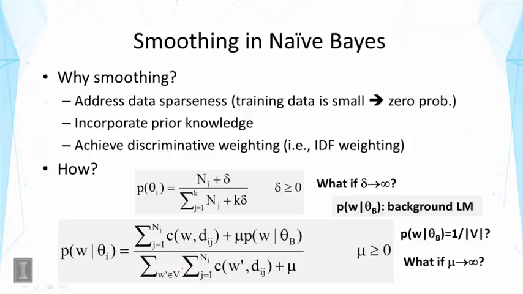So in general, in naive Bayes categorization, we have to do such smoothing, and then once we have these probabilities, we can compute the score for each category for a document, and then choose the category with the highest score, as we discussed earlier.